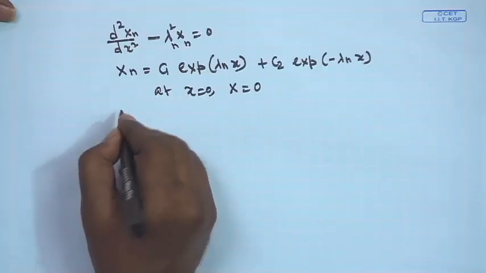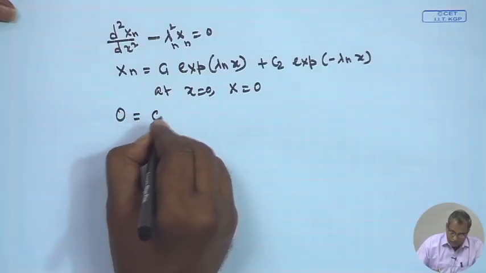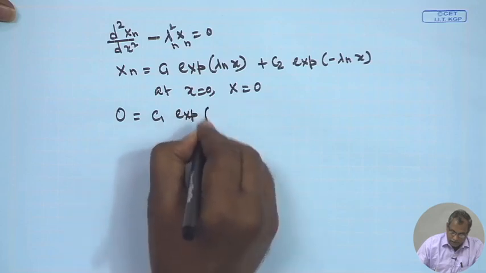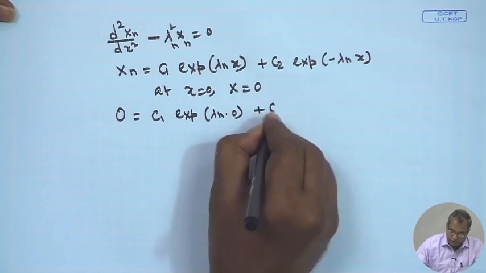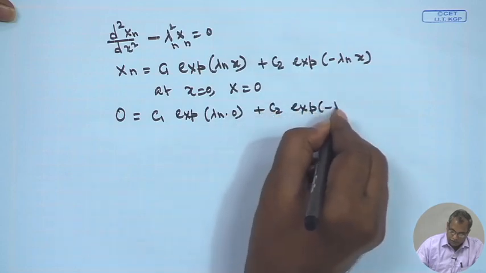If we do that, we get 0 = C1 exp(λn·0) + C2 exp(-λn·0).